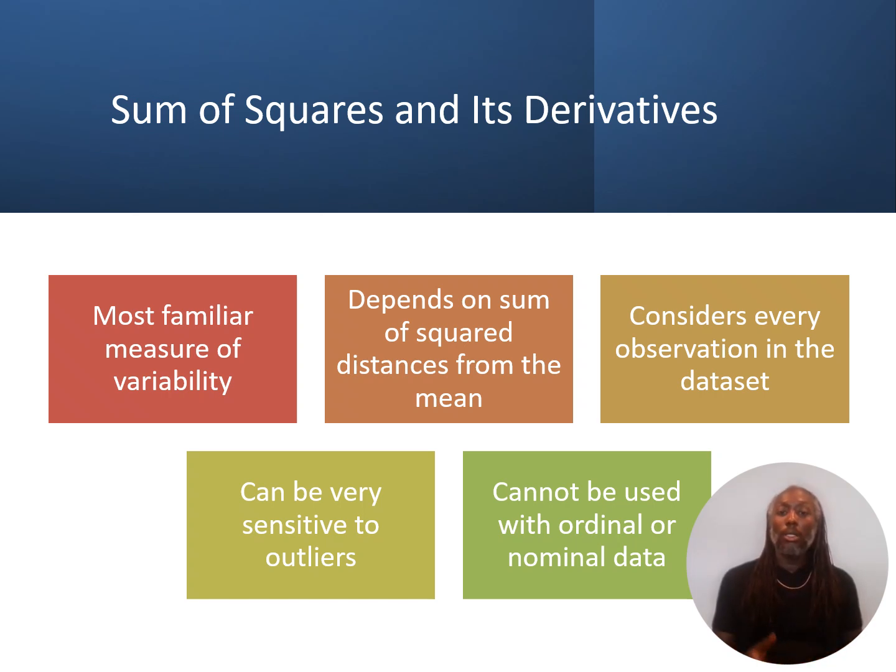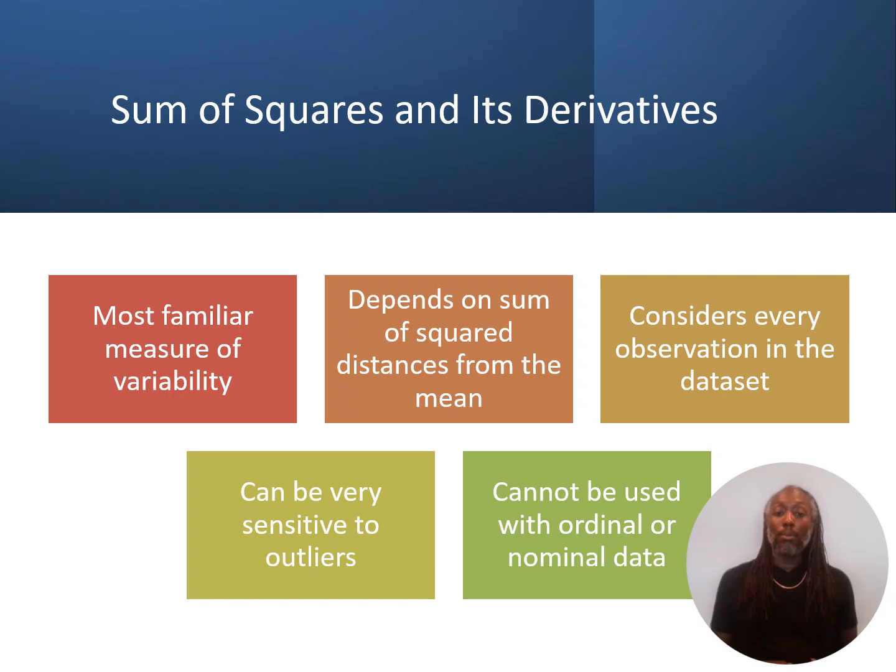What that means is the sum of squares and all its derivatives consider every single observation in the dataset. That can be very powerful because, unlike the range or the interquartile range or semi-interquartile range, we will know something about data close to the mean, or whatever measure of central tendency we're using, as well as those much further away.